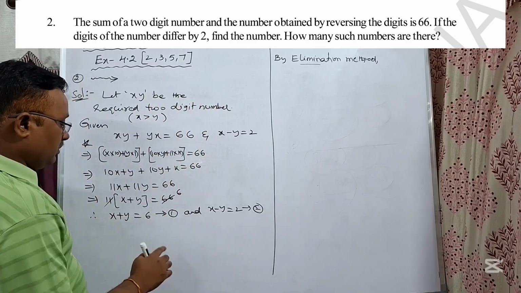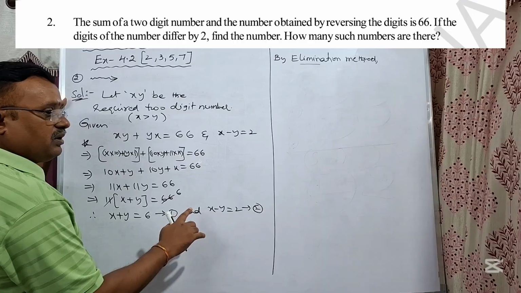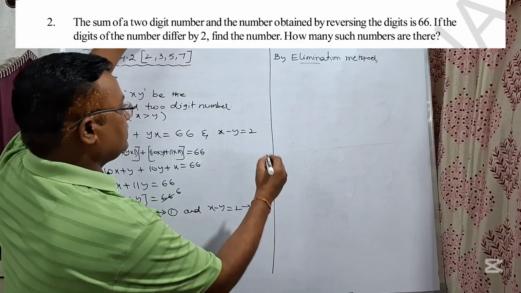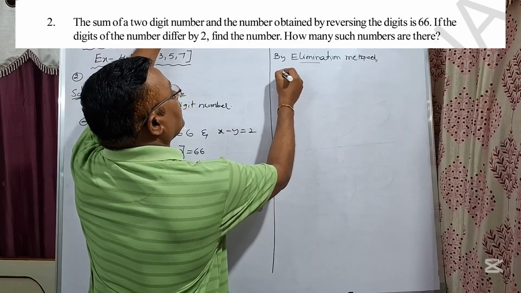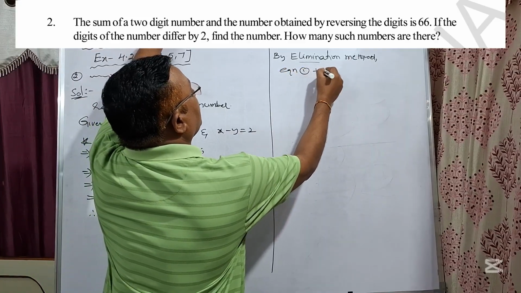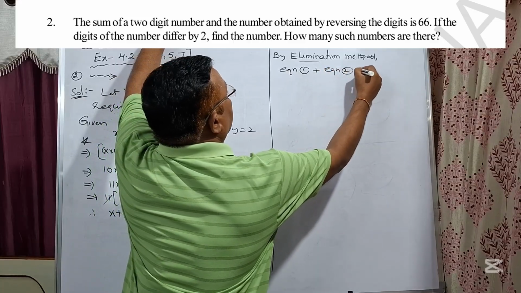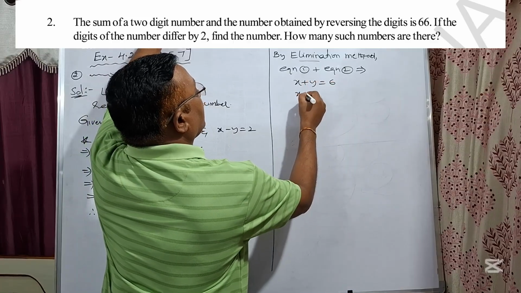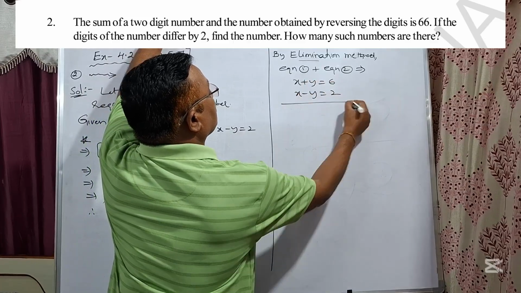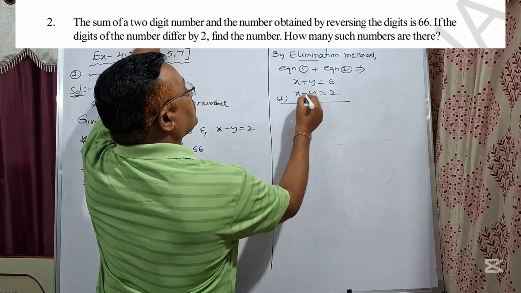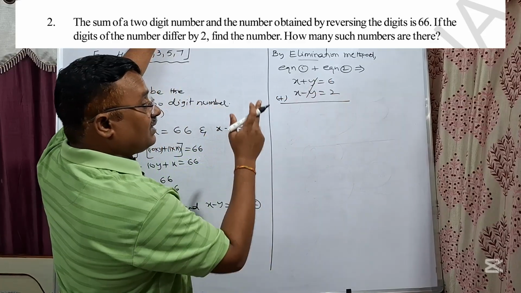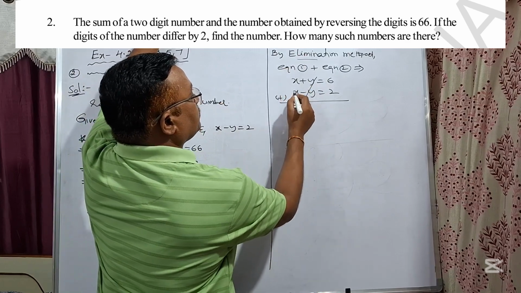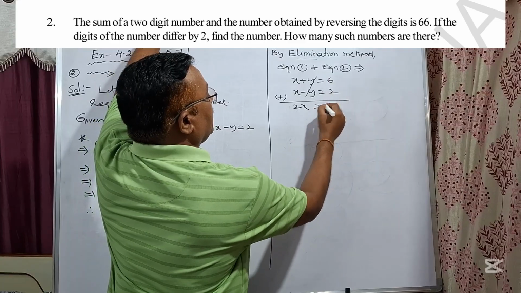Since y has the same coefficients with opposite signs, just add the equations. By the elimination method, equation 1 plus equation 2: x plus y equal to 6, x minus y equal to 2. Just add them. Plus y minus y get cancelled, variable y is eliminated, giving us 2x equal to 6 plus 2, 8.